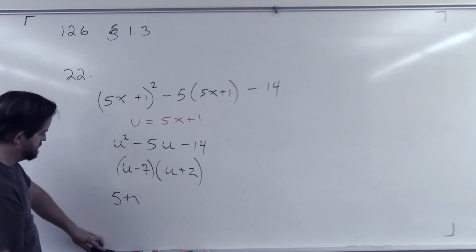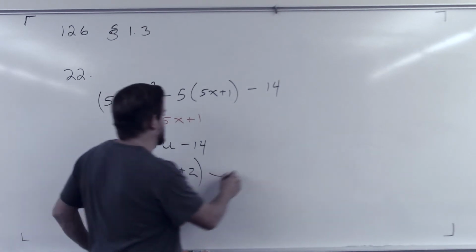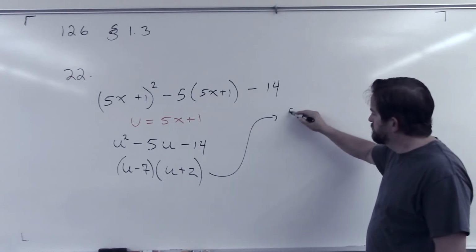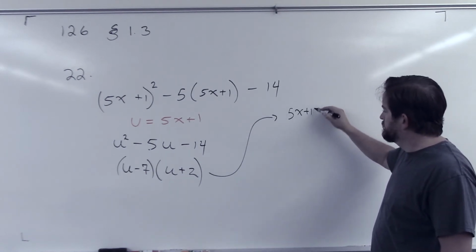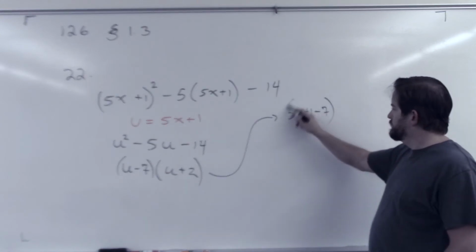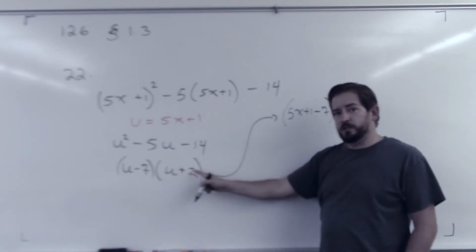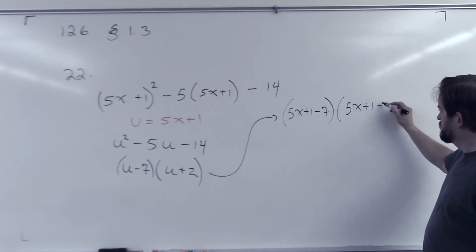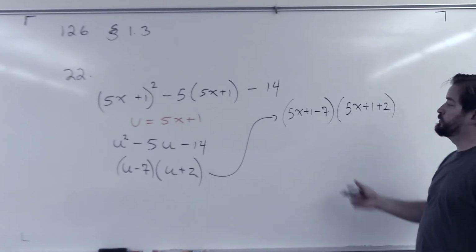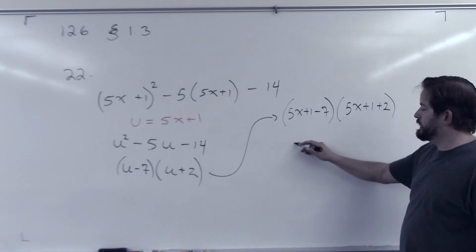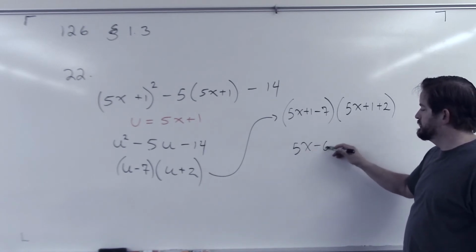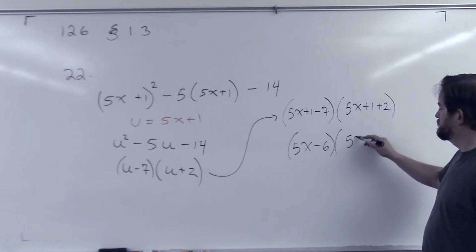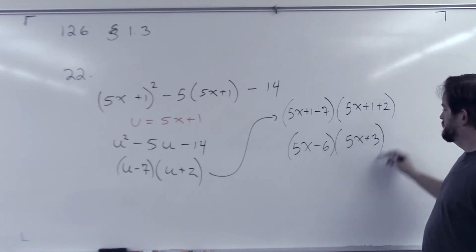I'll do that over here. 5x plus 1 minus 7, and 5x plus 1 plus 2. And then simplify. Plus 1 minus 7, that gives me 5x minus 6. And then 5x plus 3. And I'm done.